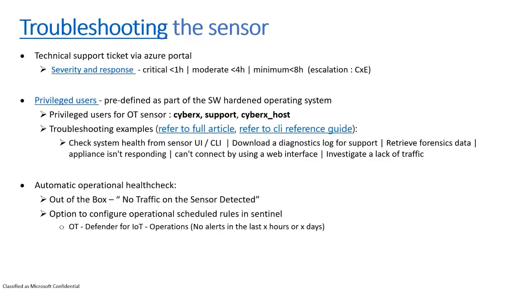This is a good indicator of an unhealthy sensor if there's no traffic being sent to Azure, right? That analytic rule can be configured optionally, or customers also have the ability to make their own custom rules on Sentinel. For example, no alerts received in X hours or X days. Okay, so that was about troubleshooting.